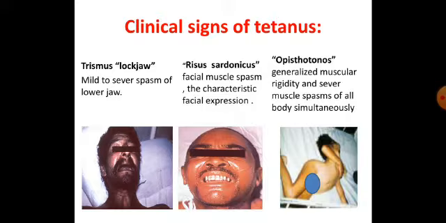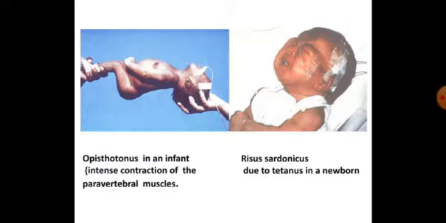When the spasm is generalized all over the body and all the muscles of the body are spasmed simultaneously, this is called opisthotonus. This clinical photo shows an infant with generalized tetanus, opisthotonus, and risus sardonicus.